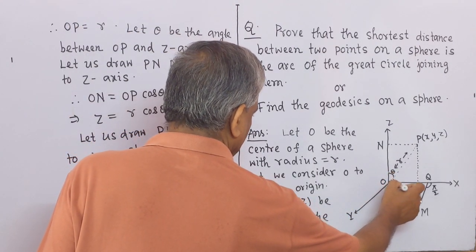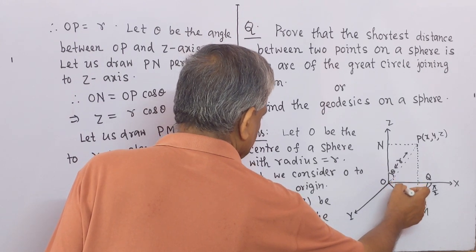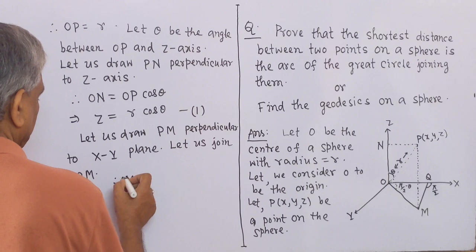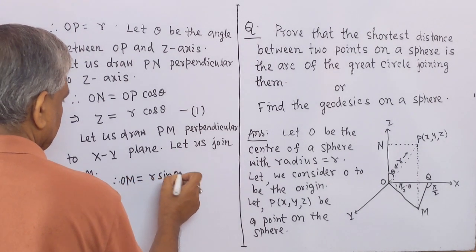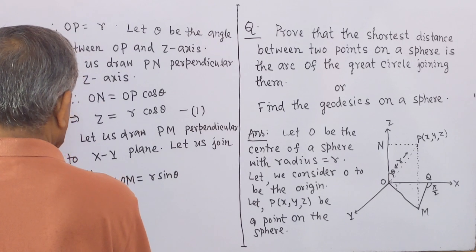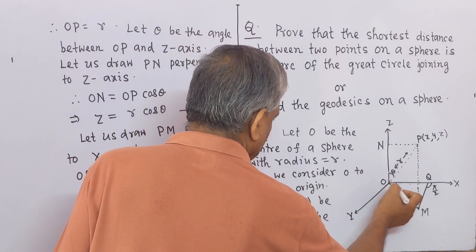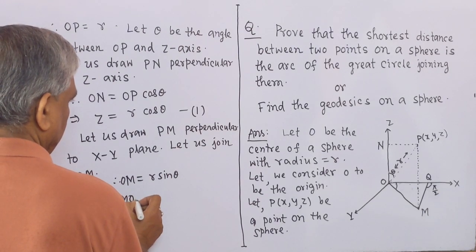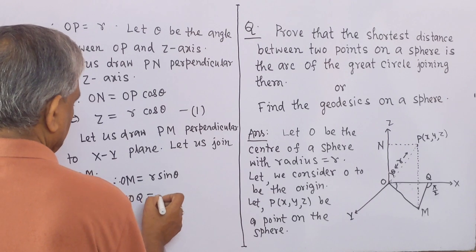Then this angle will be pi by 2 minus theta. Therefore, OM equal to r sin theta. Let this angle MOQ equal to phi.